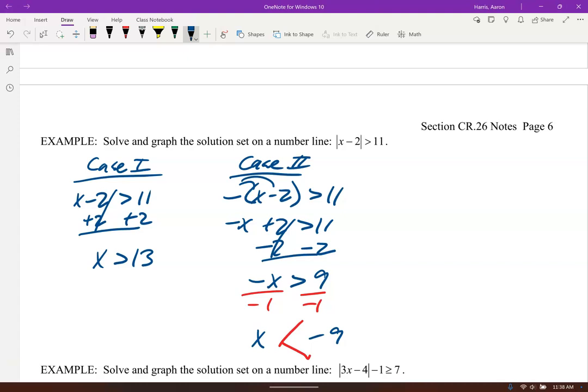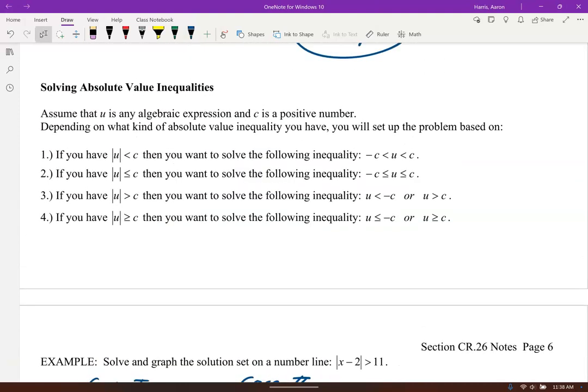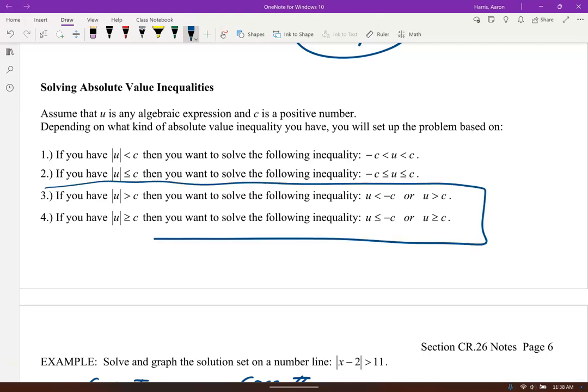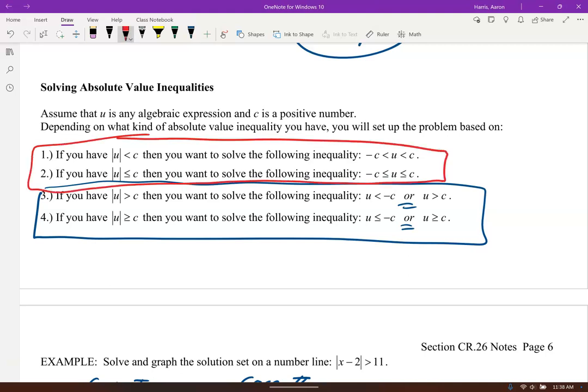And then the other thing you want to remember with inequalities is if you have an absolute value and it's a greater than or equal, that'll be an or inequality. Whereas if the absolute value is less than, that'll be an and situation.